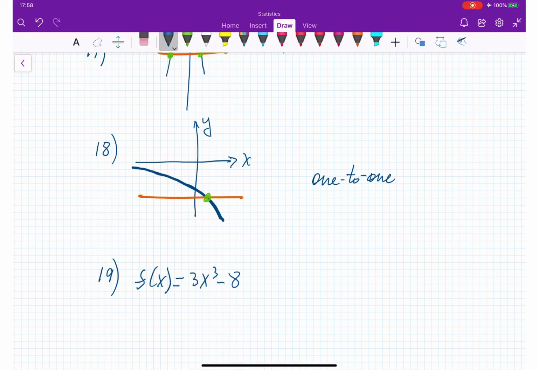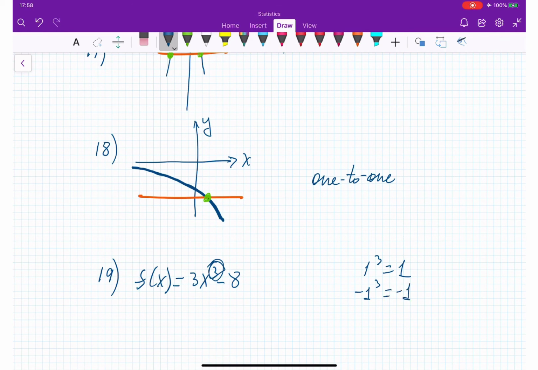Here is the thing. If we have the highest degree odd, that means every x is going to have only one y. If let's say x is positive 1, then 1 to power 3 is 1, because we have here 3. If I have negative 1 to power 3, it's getting negative 1.